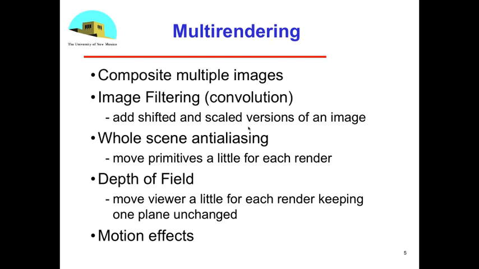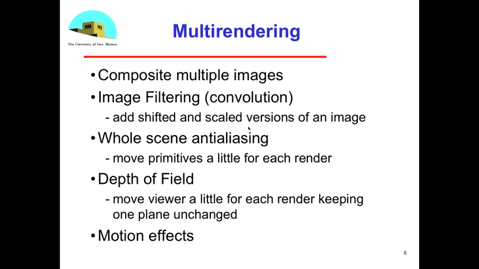A lot of motion effects are like that. If you take a picture of something that's moving and the lens is open for more than a very small fraction of time, you start seeing that blur. That blur creates very nice effects that you want at times.